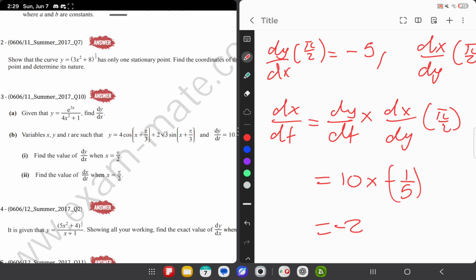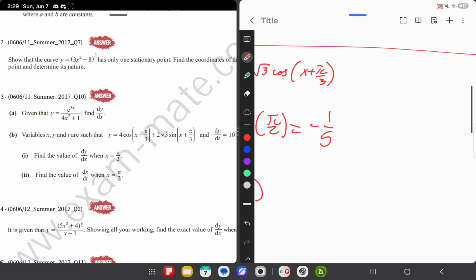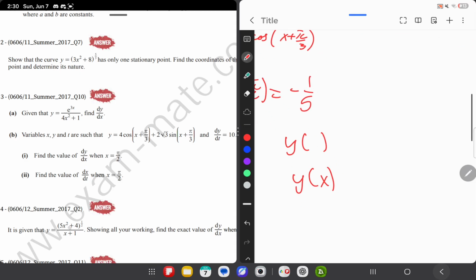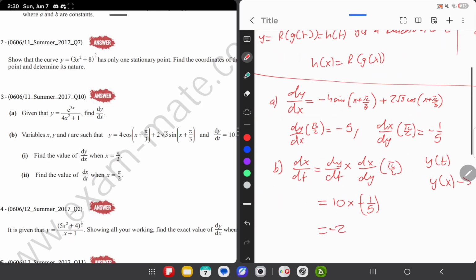We know y of t and we also know y of x. We basically turn this into x of y, illegally, by flipping this fraction over here.